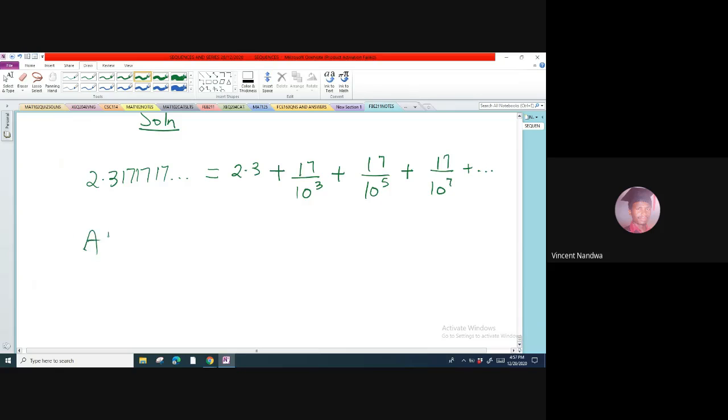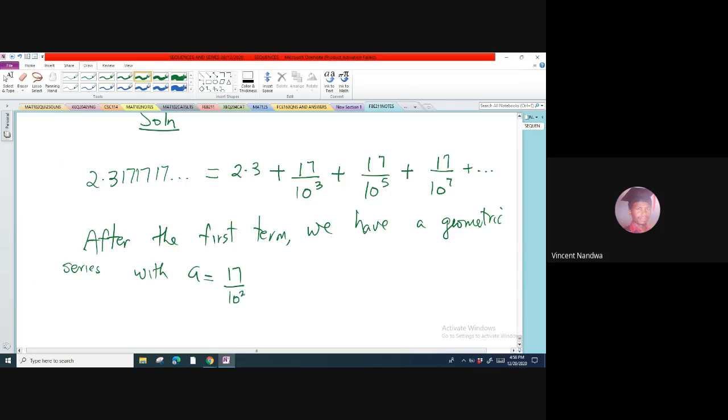So then you say after the first term, we have a geometric series with a as 17 over 10 power 3 and r as 1 over 10 power 2.